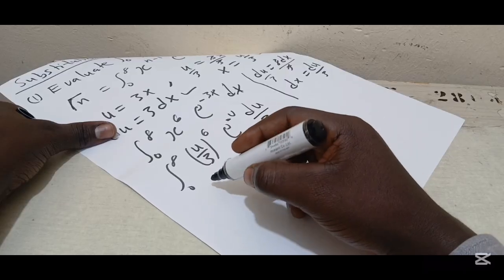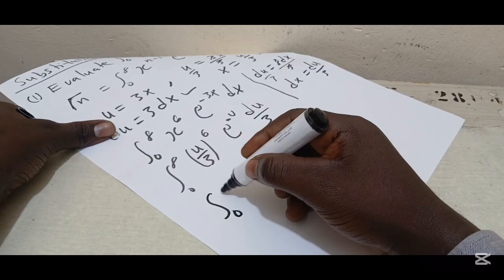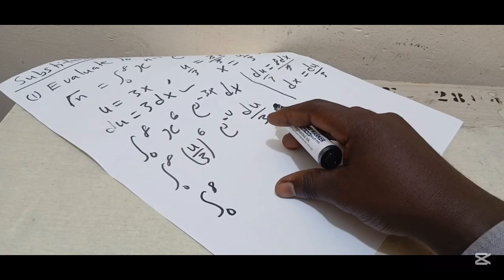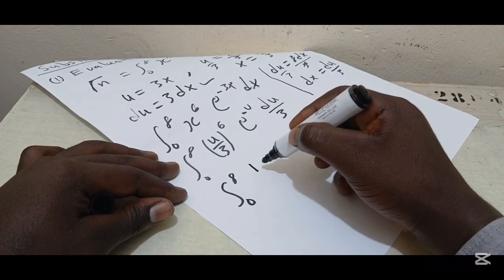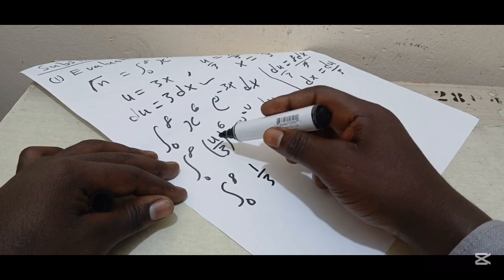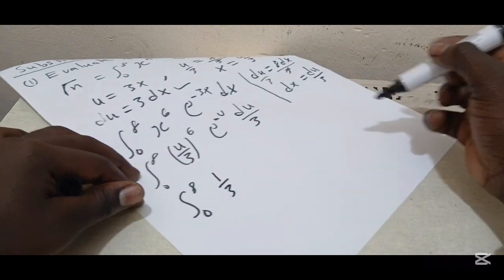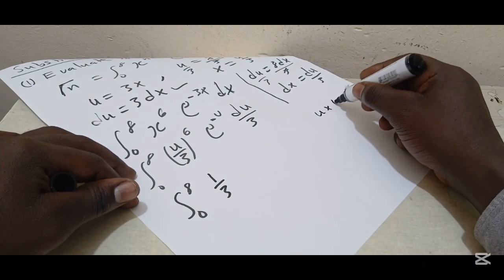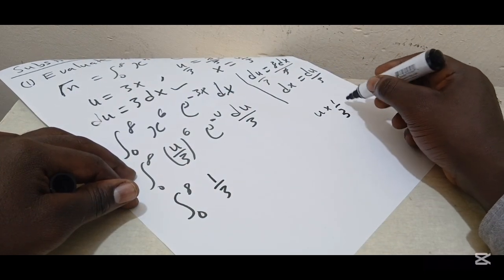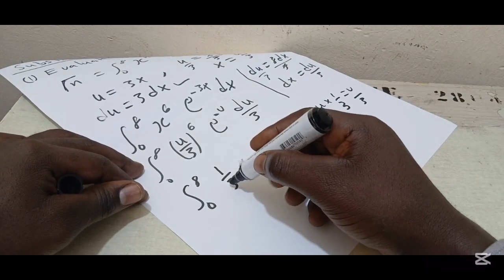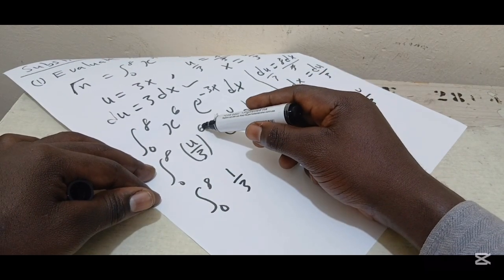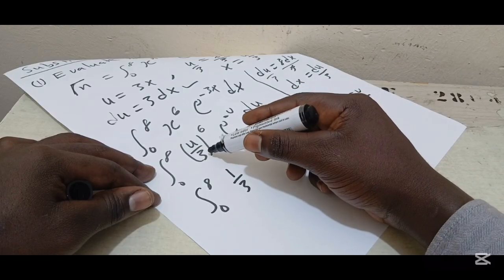This right here is the same as integral from 0 to infinity. We can get 1 on 3. This expression, u multiplied by 1 on 3 is the same as u on 3, right? So 1 on 3, but we have a power 6 that is affecting the 3 here.